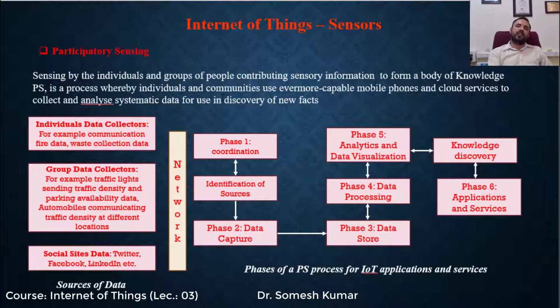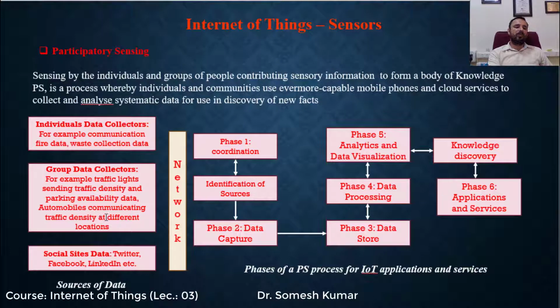This figure shows the first stage, the source of data, and the second stage, the phases of the participatory sensing process for IoT applications. The source of data may be individual data collectors, for example the communication data for fire data and waste collection data.